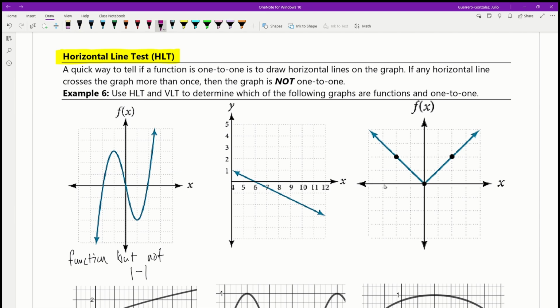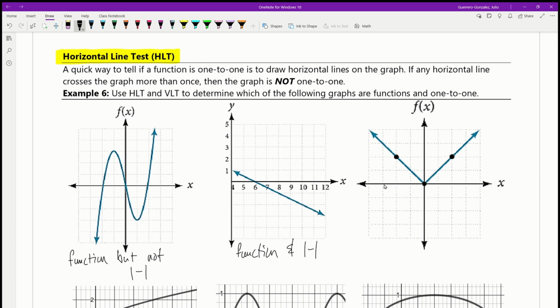Okay, next one. Vertical line test. All my vertical lines only hit it once. We're good. So this is a function. And if you take a look at the horizontal line test, any horizontal line that I can draw only crosses it once.